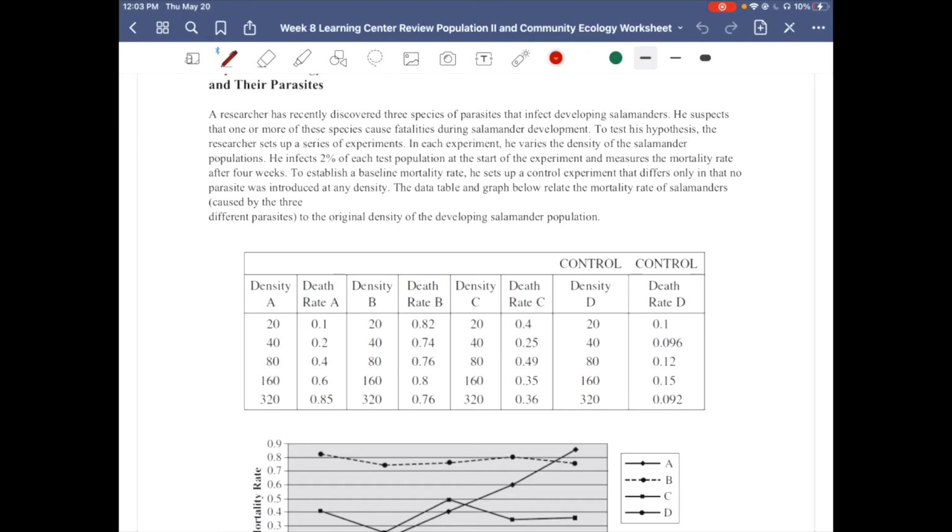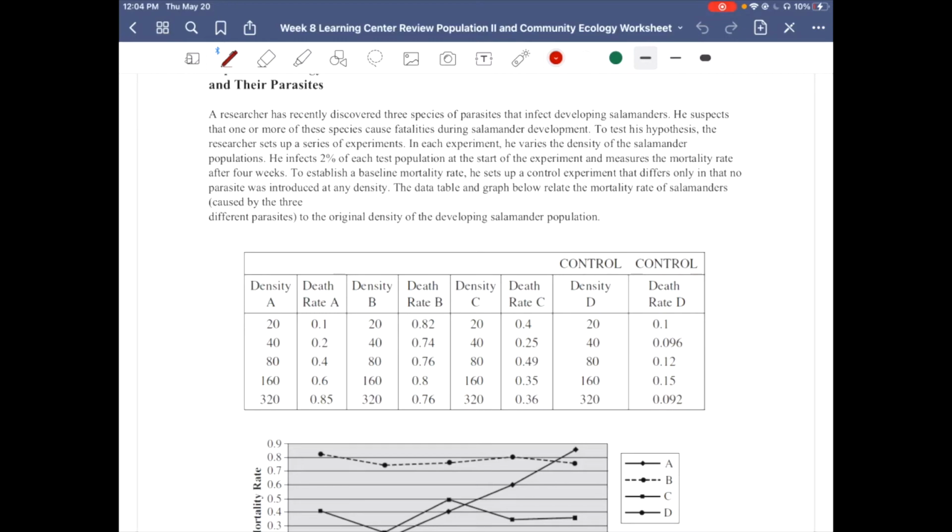He infects 2% of each population to start off the experiment and measures the mortality rate after 4 weeks. To establish a baseline mortality rate, he sets up a control experiment that differs only in that no parasite was introduced at any density. So the data below is basically giving us the density and the death rate.